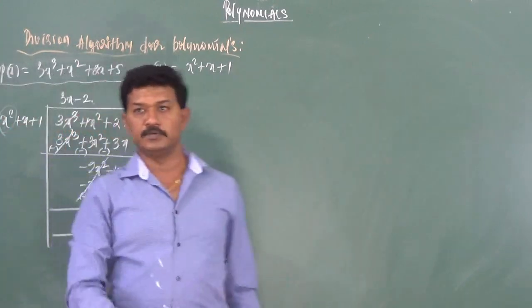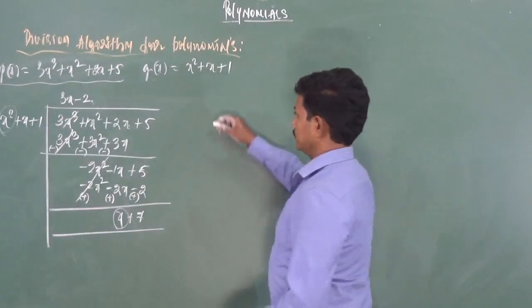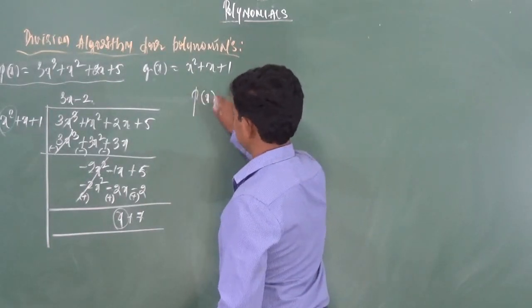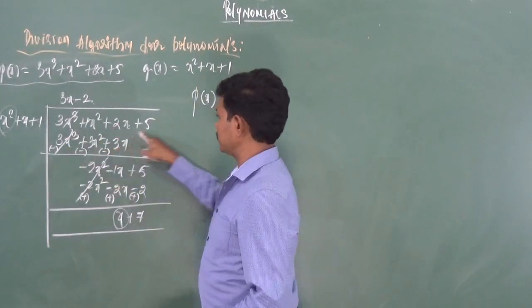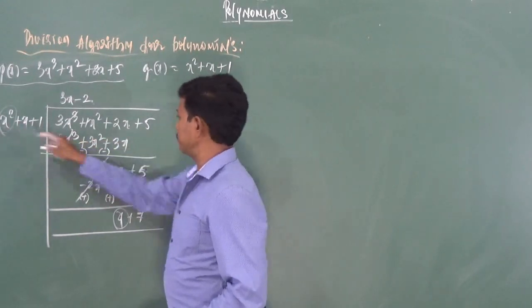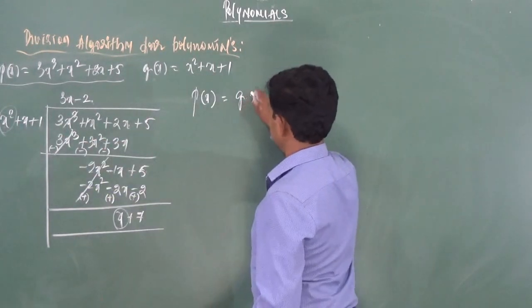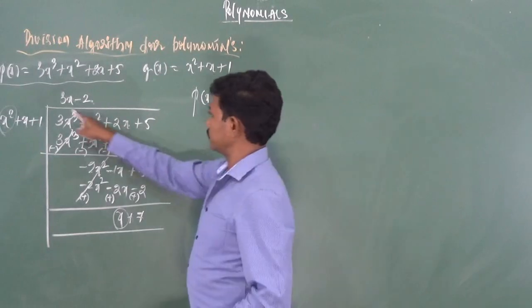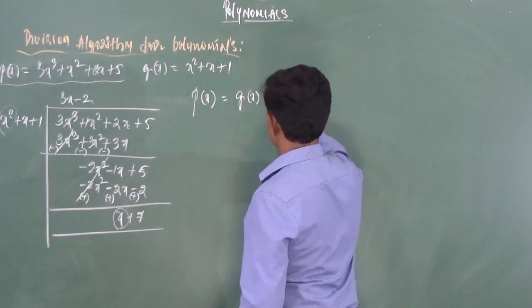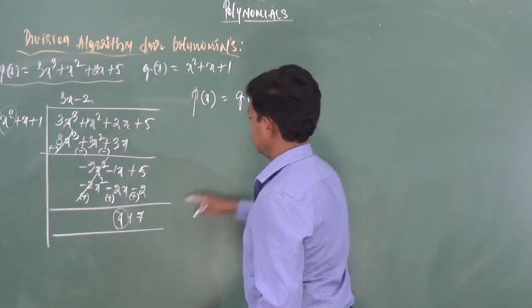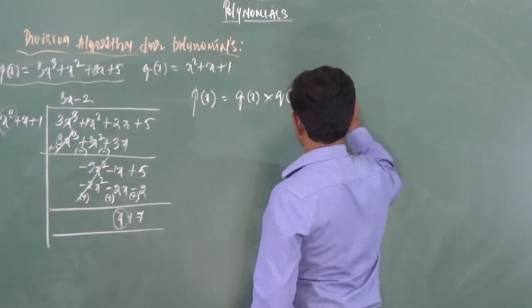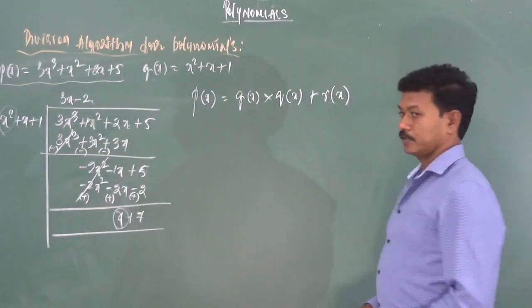So let us verify the division algorithm for polynomials. So P of x, this is P of x, and we will call this g of x. P of x is equal to g of x into, let us call it q of x, plus, let us call it r of x.